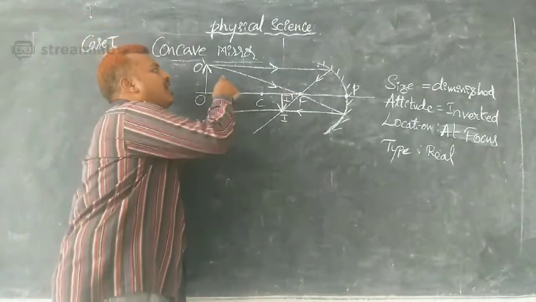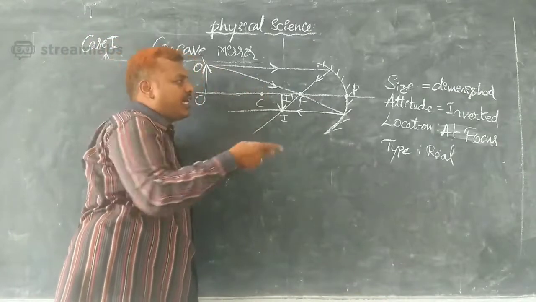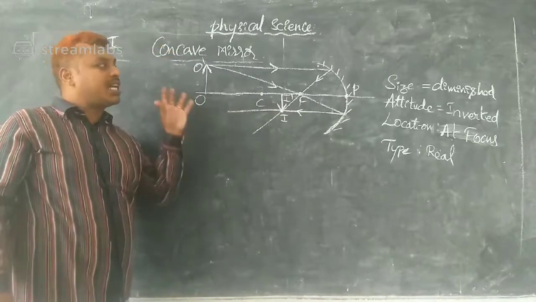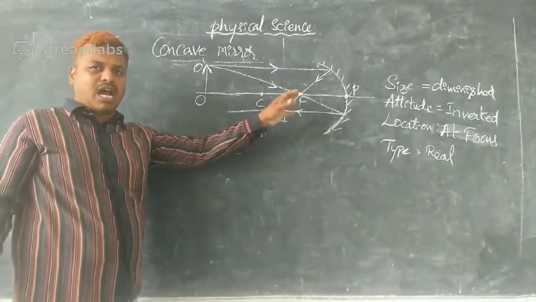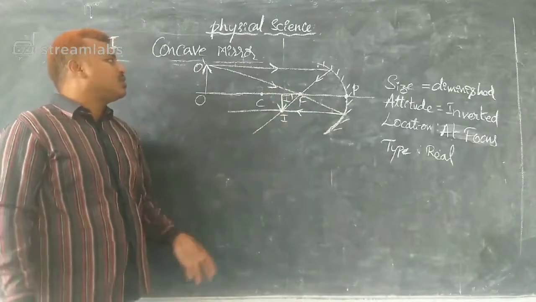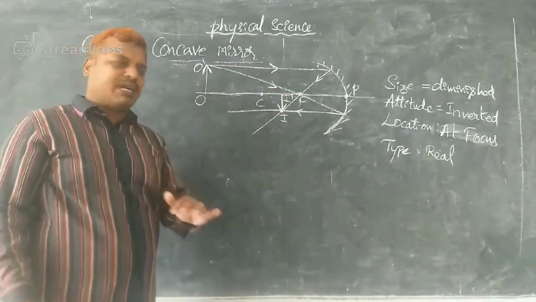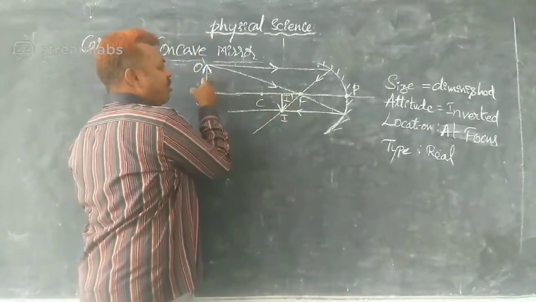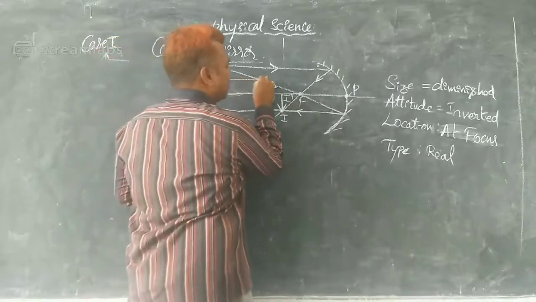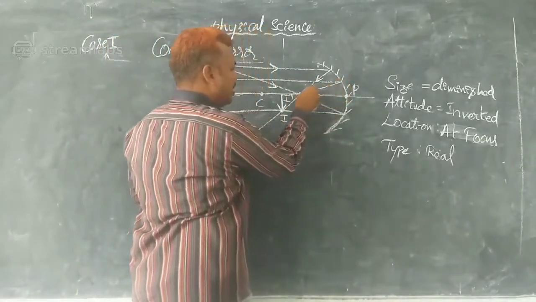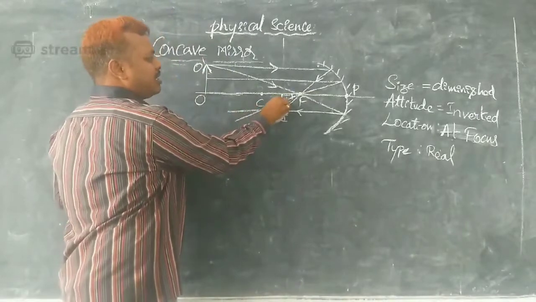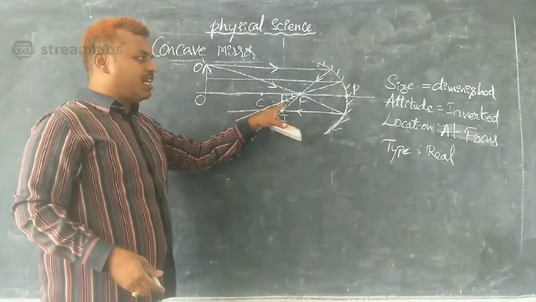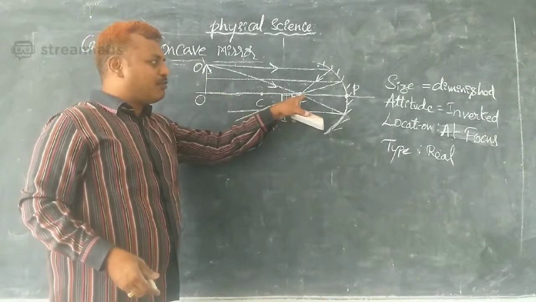From 2 light rays only I draw this image. In the previous diagram we took several light rays coming from infinity. So here only 2 light rays I took, but there are n number of light rays going and hitting. See the light ray which is in the middle. That light ray goes back and comes to the middle of the image. The middle of the object is going through the middle of the image, but from the focus only.